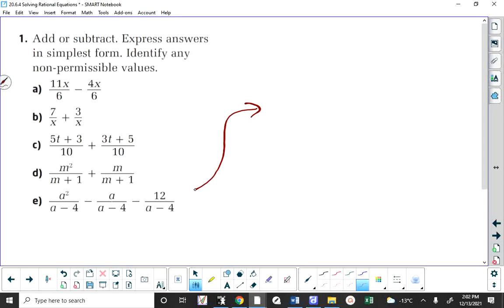When you do combine rational expressions with the same denominator, the denominator stays the same and you add or subtract the numerators. Okay, by the way, a is not allowed to be 4 here.